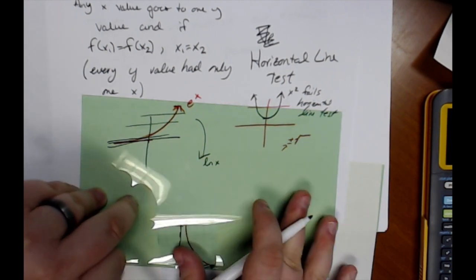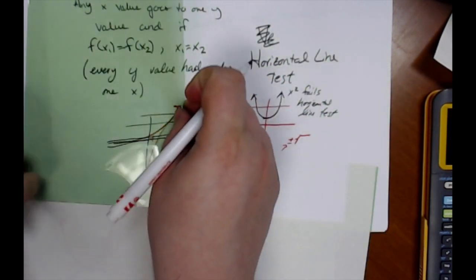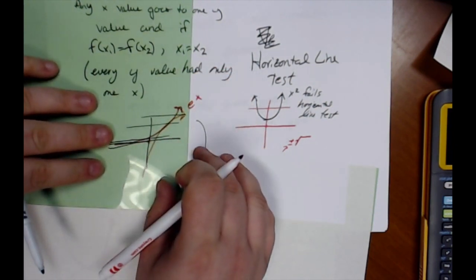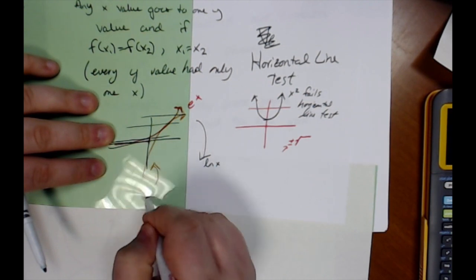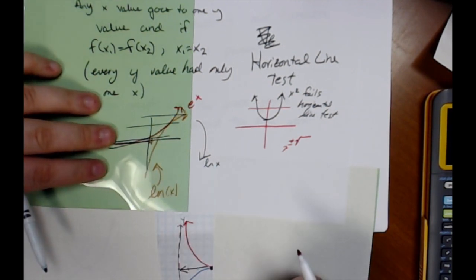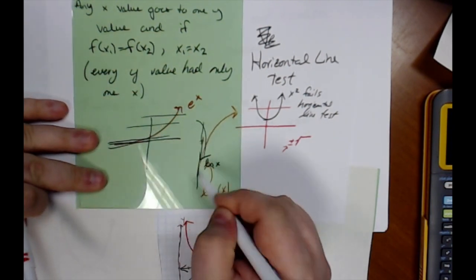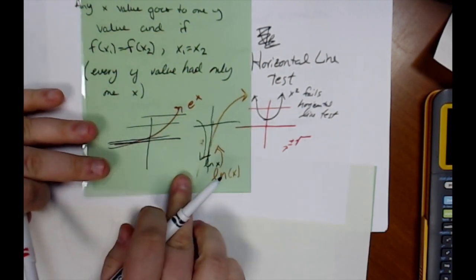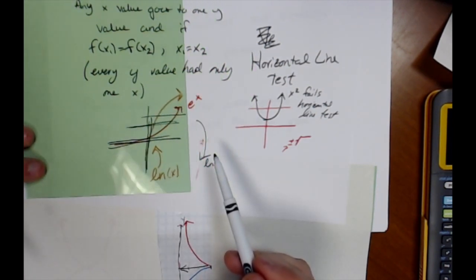What I can do is reflect this about the line y equals x, and that is exactly my natural log of x graph. Move that out, maybe use some black to put the coordinates in. If that's e to the x, this is my natural log of x graph.